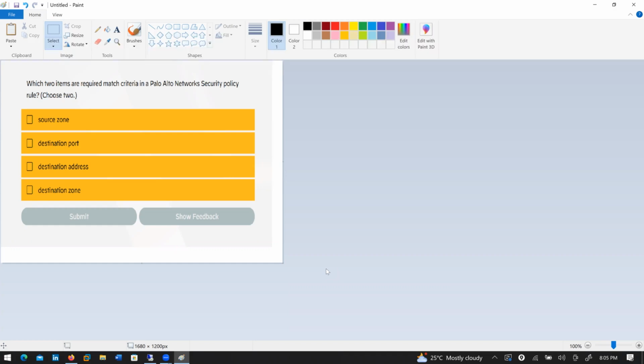Tell me, which two items are required? Match criteria and Palo Alto Networks security policy. Put your answer in the chat.